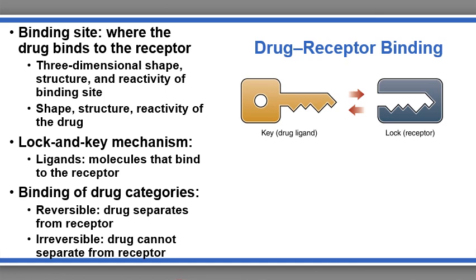Or you could have what's called irreversible binding. That occurs when the drug is not able to separate from the receptor, and what that does is prolong the drug's effect. So that's when we start to get into some things related to dosing and timing based upon those particular categories.